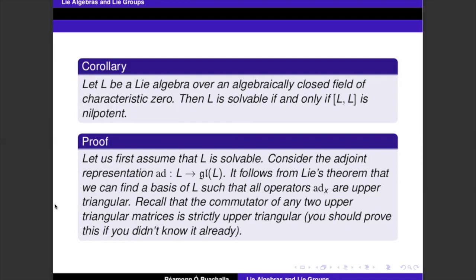Now, a basic fact from linear algebra, if you don't know this, you should think about it. It should become clear pretty quickly. When you take the commutator bracket of any two upper triangular matrices, then the resulting matrix is strictly upper triangular.